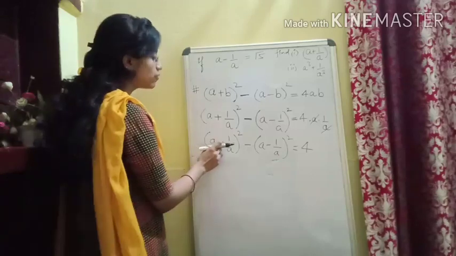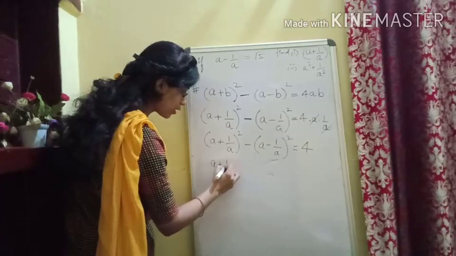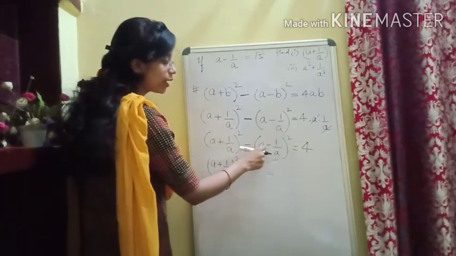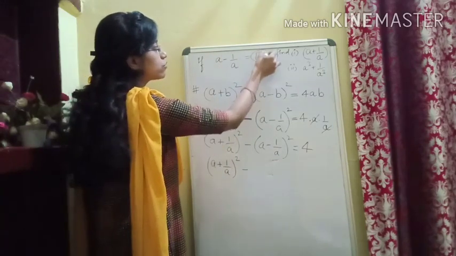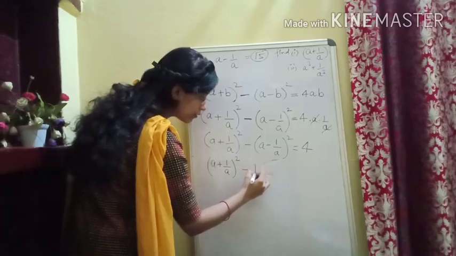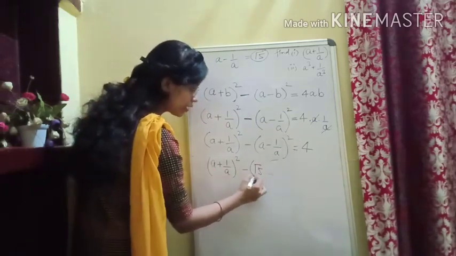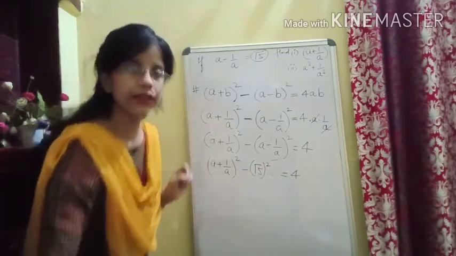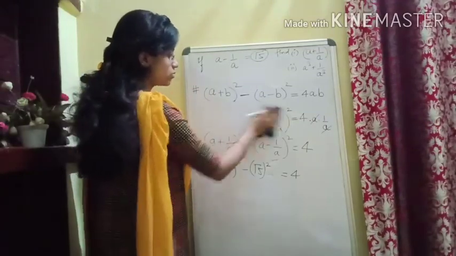So a plus 1 upon a we are going to write like that, minus a minus 1 upon a. What is the value of this a minus 1 upon a? It is root 5. So we put the value of this term: root 5, and the square, so we have to square it, equals 4. Is it clear?